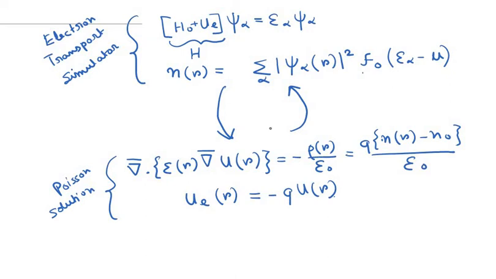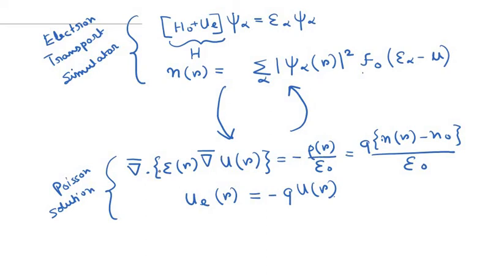Another thing is how you numerically solve this equation once you have this information on NR, because you have to solve these things on a computer. There are many methods, but the easiest is to express the operator del dot epsilon del as a linear operator.